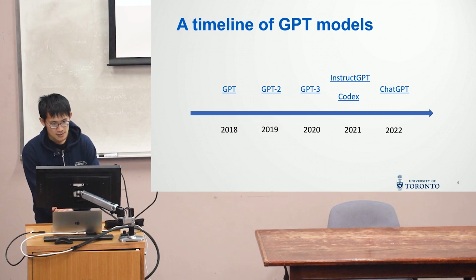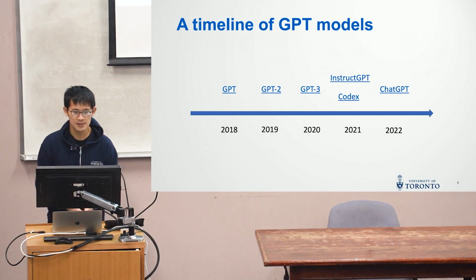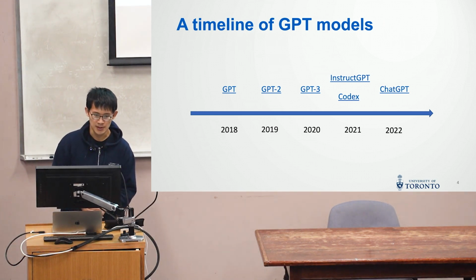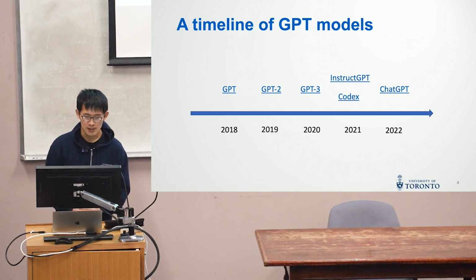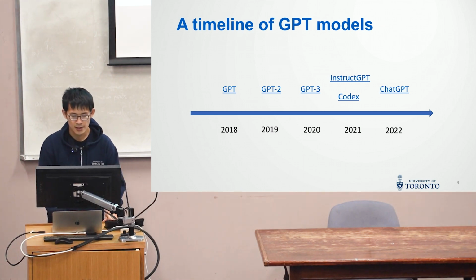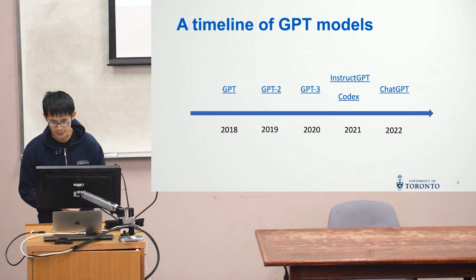OpenAI really recently put together the advances of GPT-3, Instruct, and Codex at the end of 2022, and they released the ChatGPT model. ChatGPT is the model that you have probably heard several times on the news in the past few months.